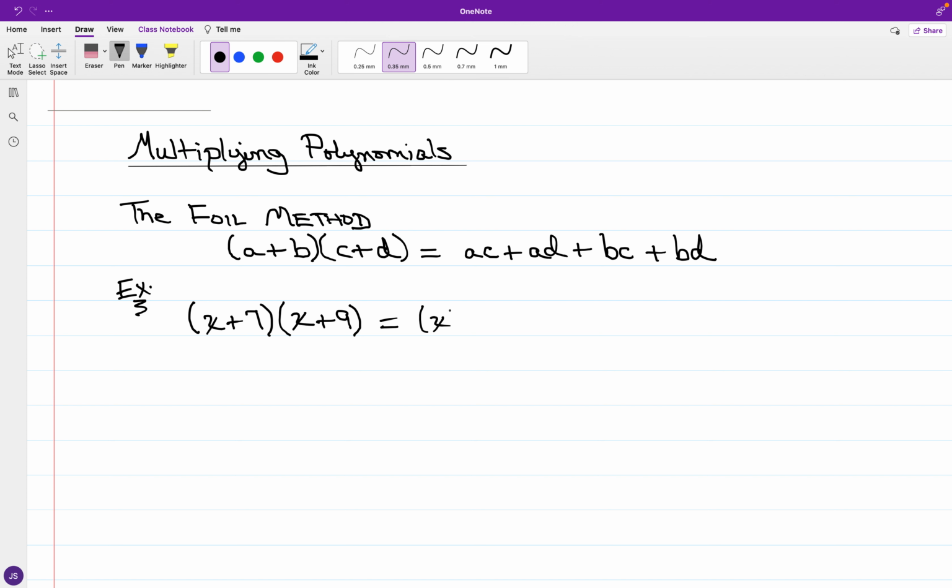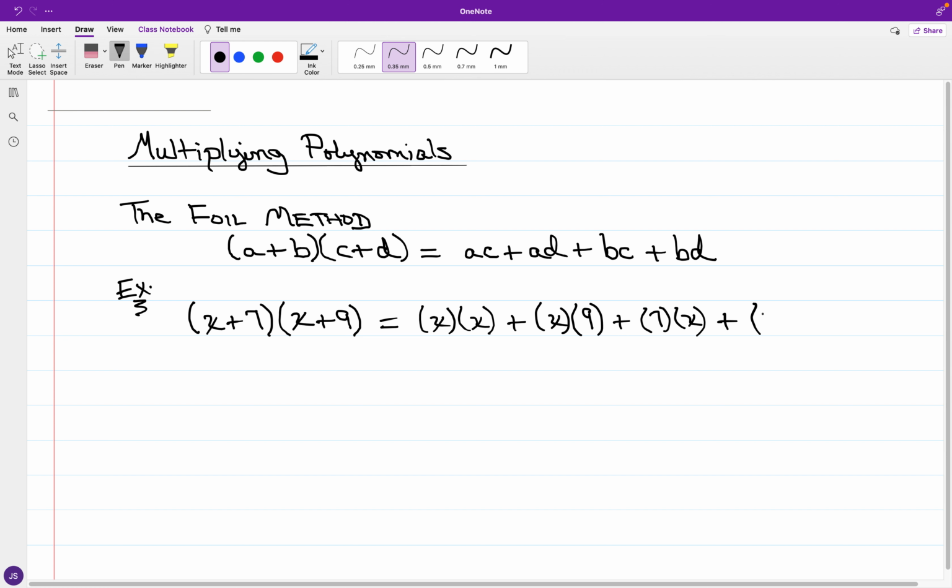So for a times c, we have x times x. For a times d, a is x, d is 9. For b times c, b is 7, c is the second x that appears. And for the last product, b times d, we have 7 times 9.